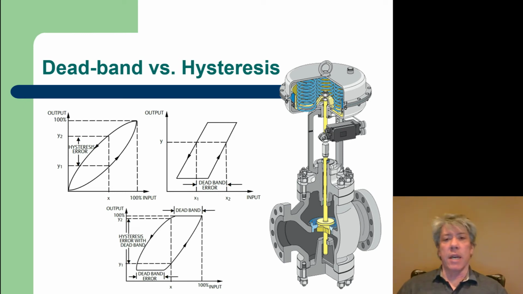The example I gave about the old Ford vehicle going down the road and the steering wheel being able to move by about 20 degrees back and forth without any change in the vehicle's direction, that would be an example of deadband, really. And so there is a difference between hysteresis and deadband. Often on control valves they're just lumped together because both exist. It's just that deadband is the more prominent nonlinearity.